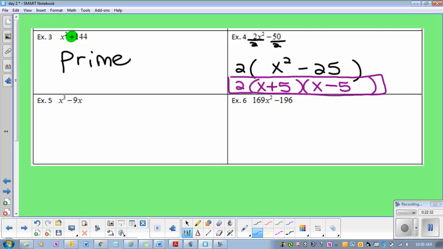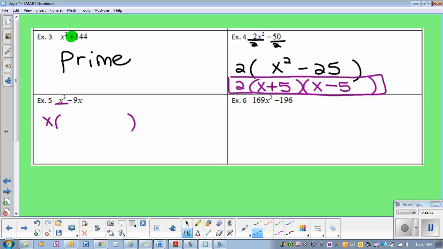What else do they both have? Not 3, because it's 1 and 9, so the number is 1. What do they both have? An x, right? But which x comes out? X to the third or just a plain old x? Plain old x.